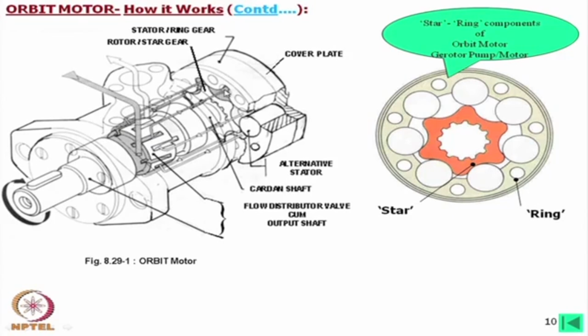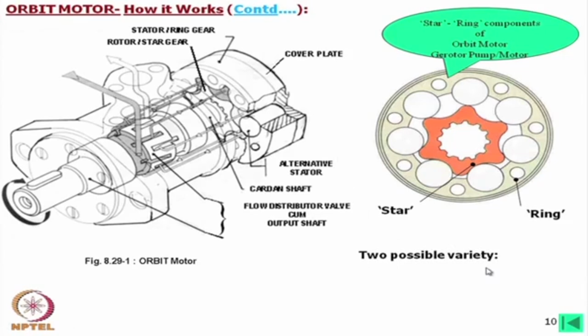The oil will go only when this is in the expansion mode, and when it is in compression mode the oil will come out through this passage and go out. In this way this motor functions. Here I have shown a cylindrical lobe which also can be made integral.